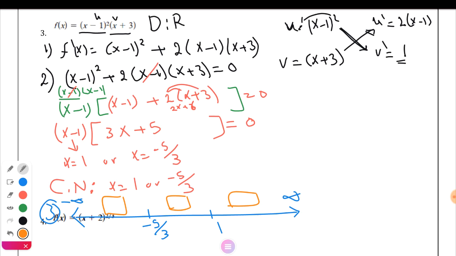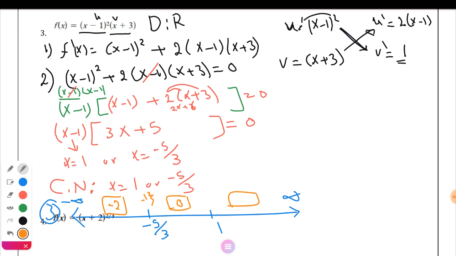So I'll take a number less than it in this interval. I'll choose -2. Here I choose 0, which makes the substitution in the derivative easier.